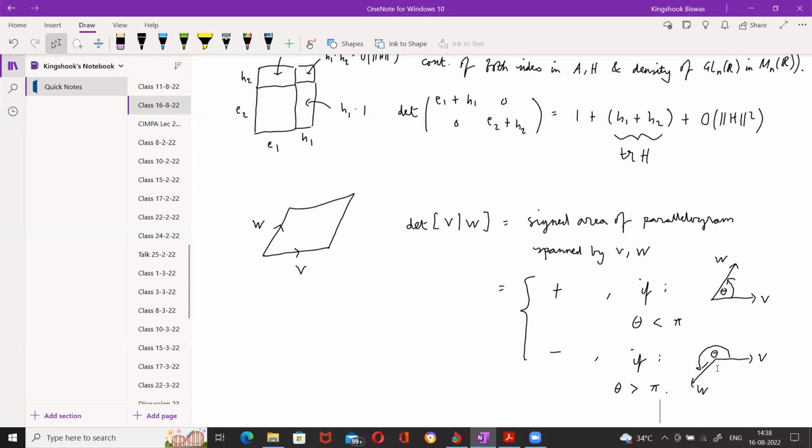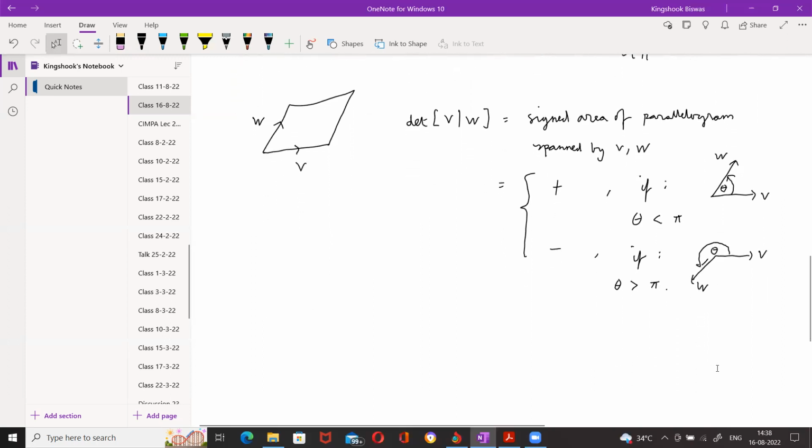So briefly, I'll just say now, orientation, well, geometrically, what it corresponds to is, if I look at the set of ordered bases of a vector space, let me call that B of V, where V is a finite dimensional vector space.